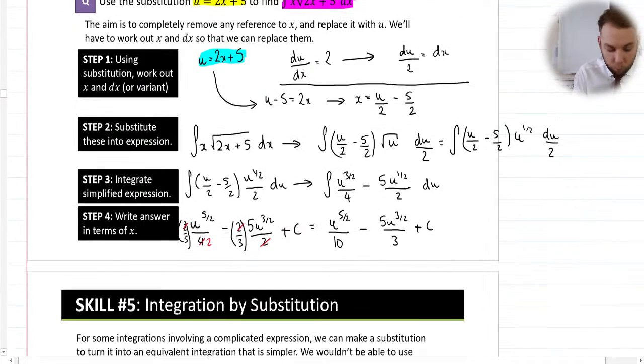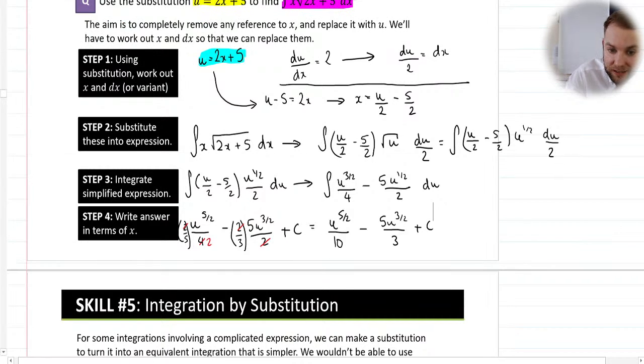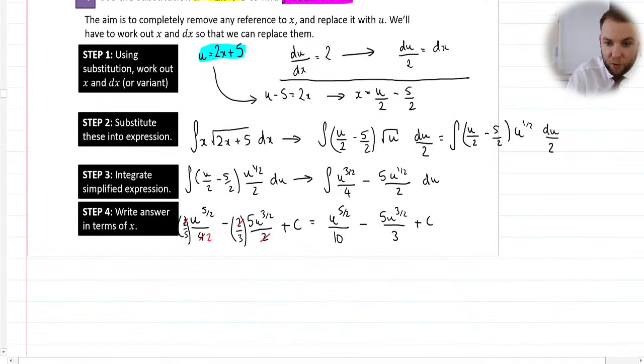And actually what I want is the integral of this in terms of x. So the last little part, which is step 4 on here, is to write your answer in terms of x. So basically what I'm doing is substituting that u back in to replace it with x. I know that u is equal to 2x plus 5, don't I?